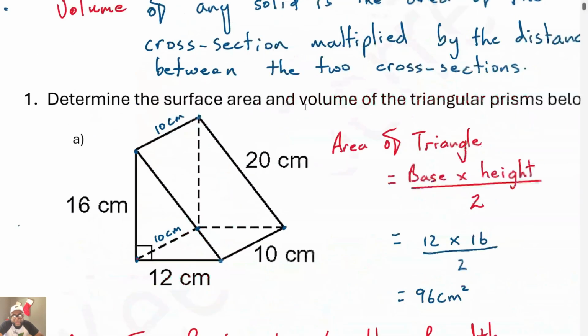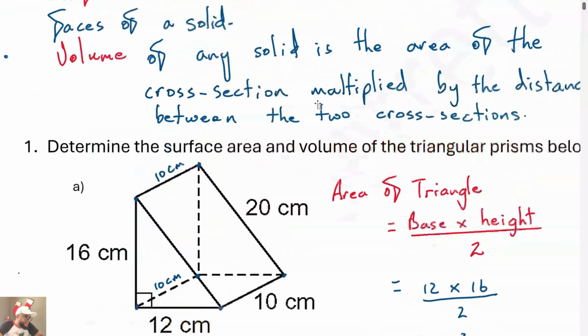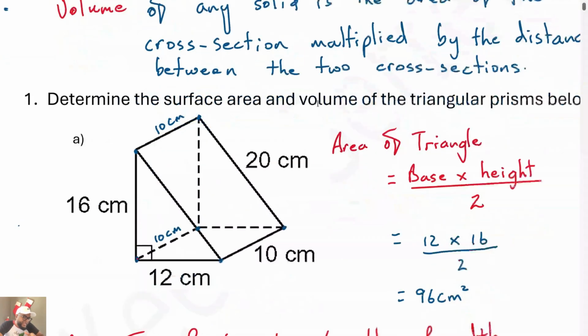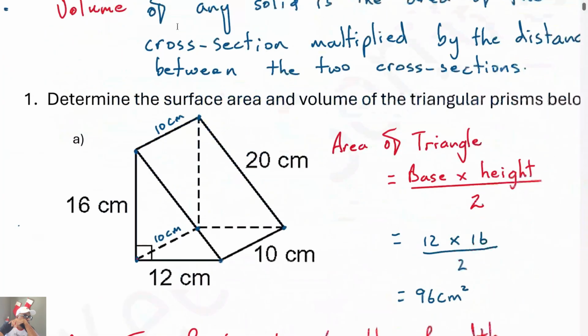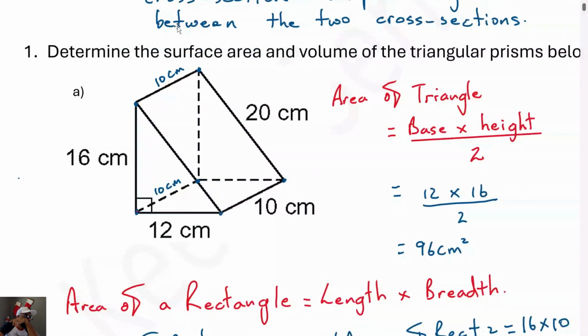Foster, remind me what shape is the cross section of this prism here? Imagine taking this block that I have in front of you and pushing it into which one of these shapes here? Right. So the triangle is my cross section.